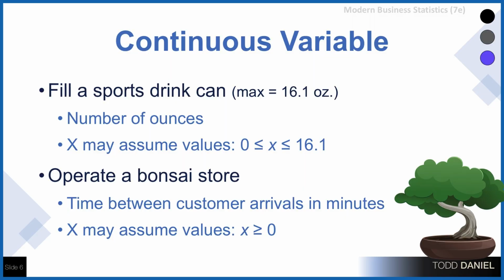It should be some kind of value in between that range. Or you're operating a store. I just picked a bonsai store for no reason other than I happen to have a picture of a bonsai tree easily available. Any kind of store, any kind of business. How many minutes between each customer's arrival? There may be stretches of time when no one shows up.